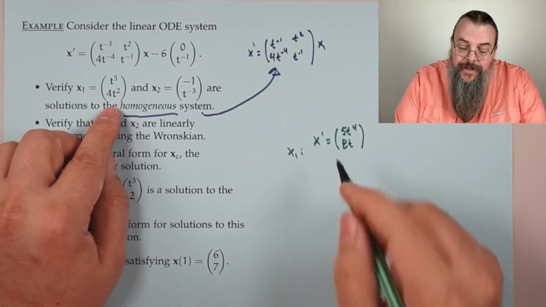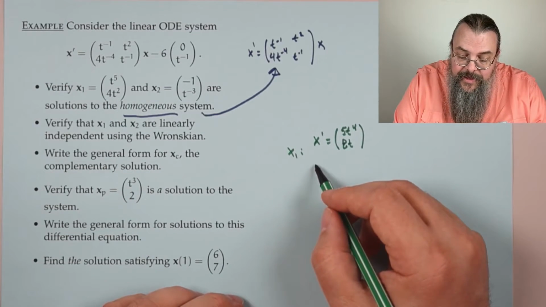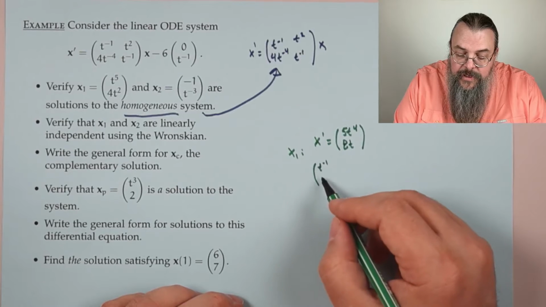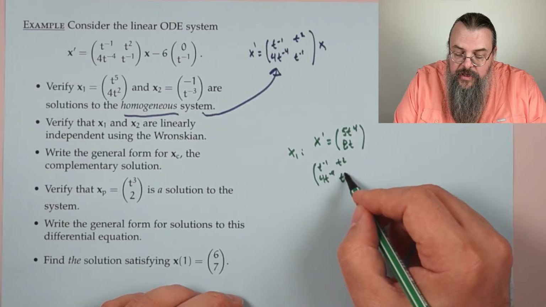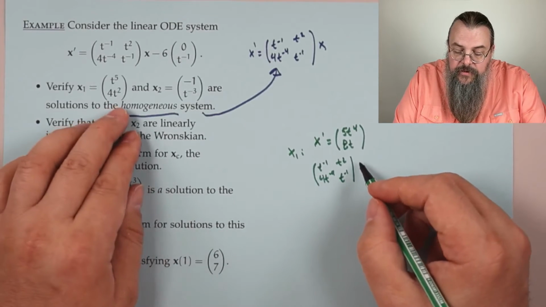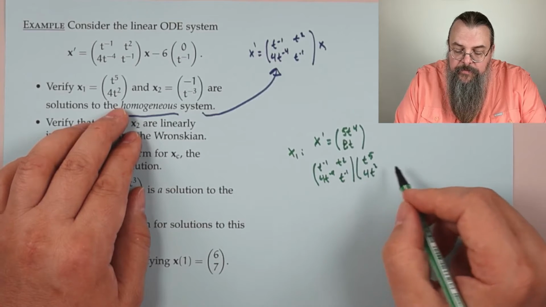Good. Now, that's the left-hand side. On the right-hand side, we have our t negative 1, 4t to negative 4, t squared, t to negative 1. And I'll go ahead and write this down here: t to the 5th, 4t squared.